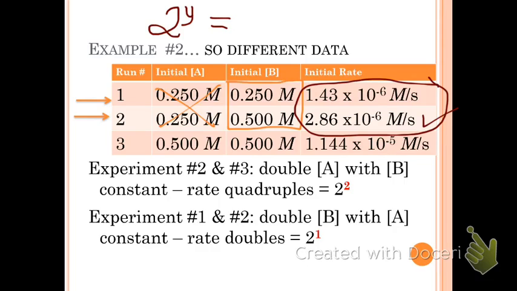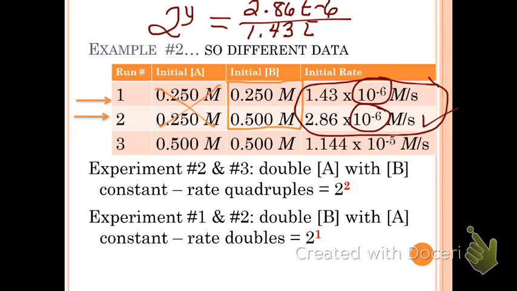Because your powers are both to a negative 6, so 2.86 is your larger number. So 2.86 e to the negative 6 divided by 1.43 e to the negative 6.